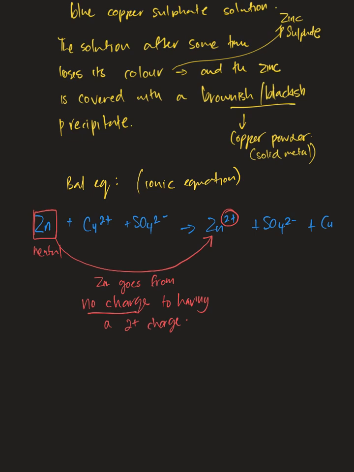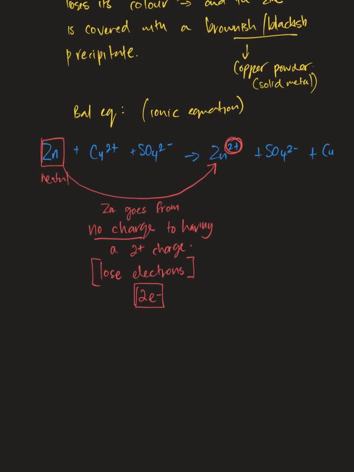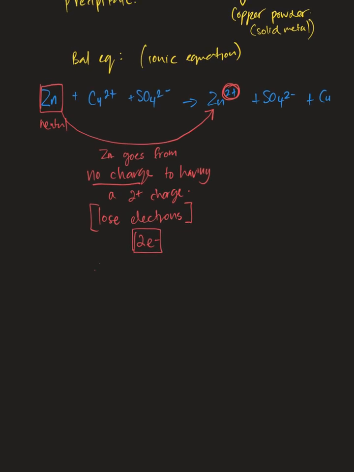The only way it can do that is to lose electrons. And how many did it lose? 2 electrons. So it lost 2 electrons, and it becomes positively charged. So if something loses electrons, I can say I have oxidation on this side. So therefore, the zinc metal is oxidized.